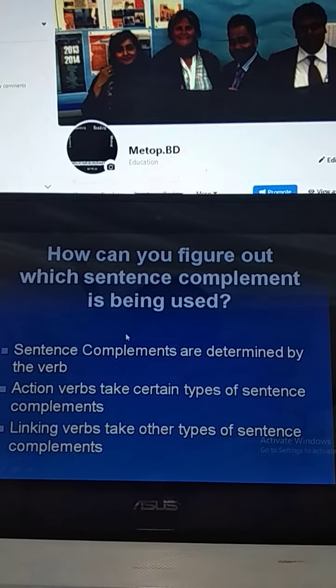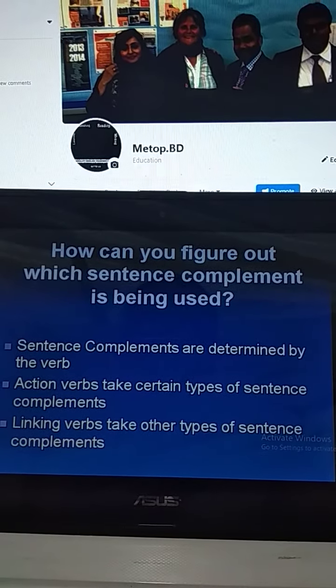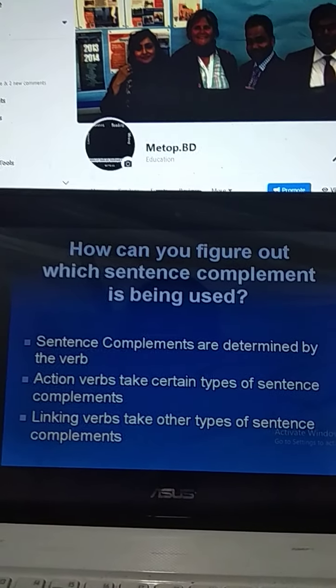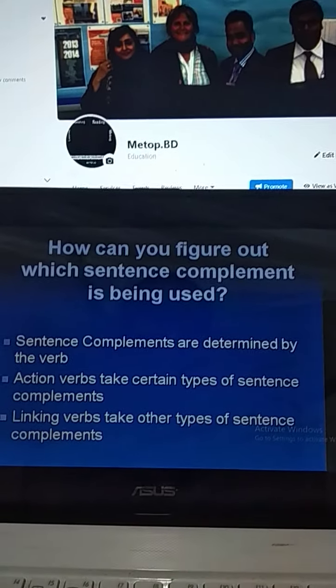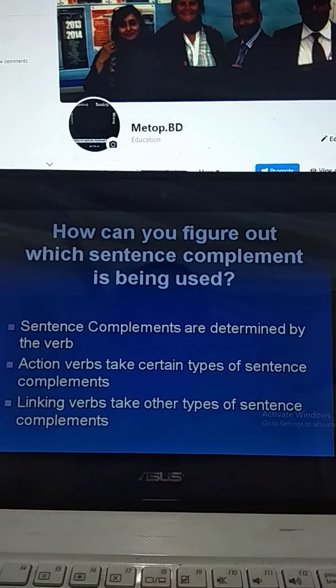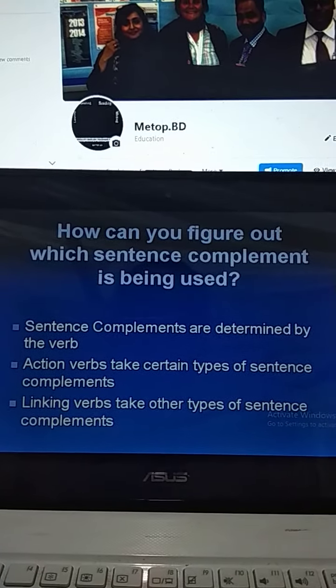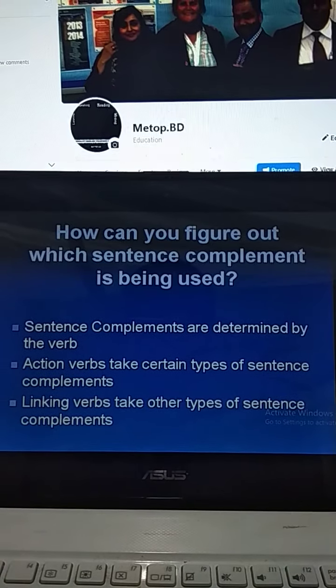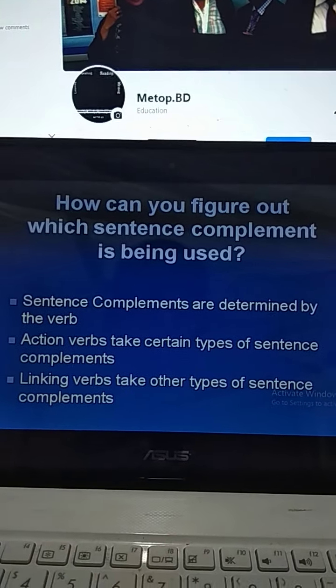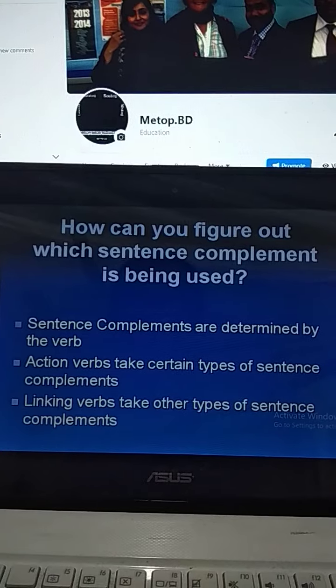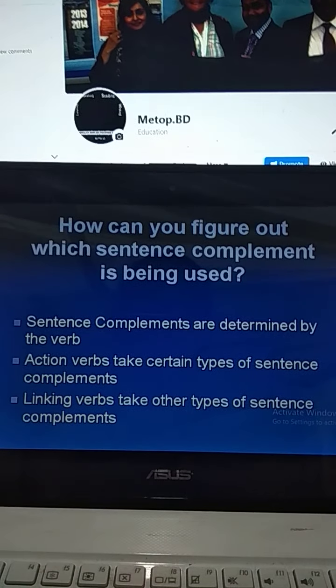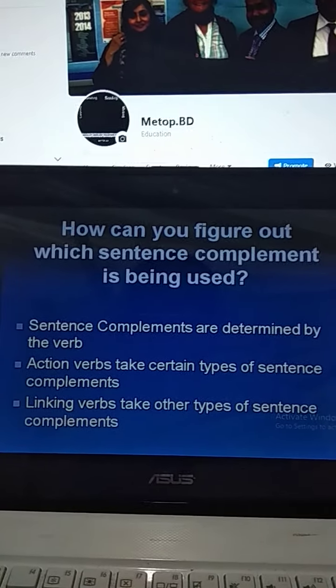How can we figure out which sentence complement is being used? Well, sentence complements are determined by the verb. Action verbs take certain types of sentence complements. Linking verbs take other types of sentence complements.